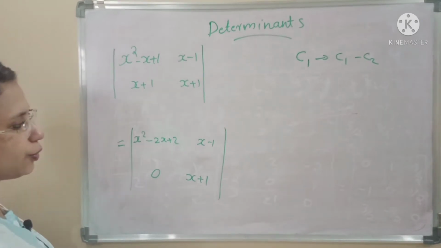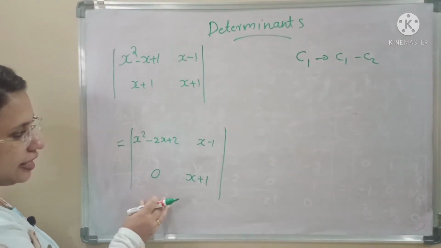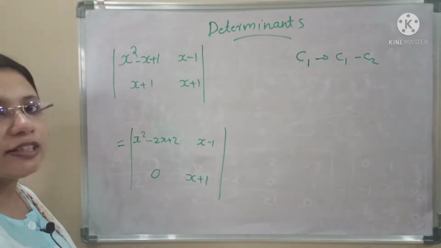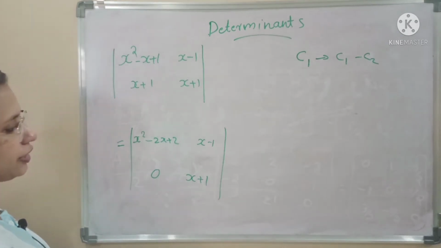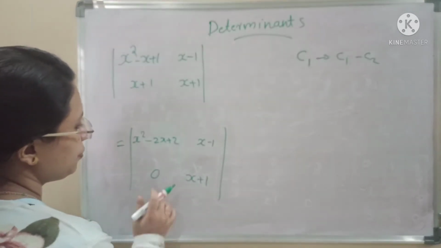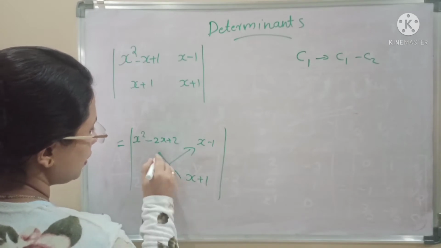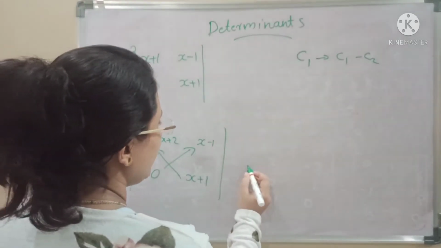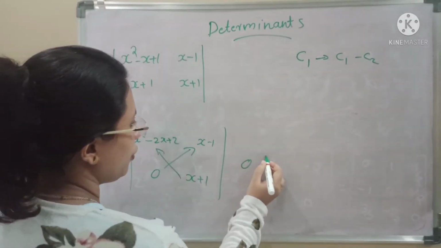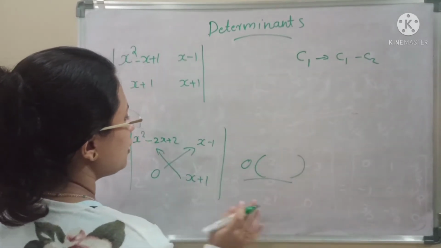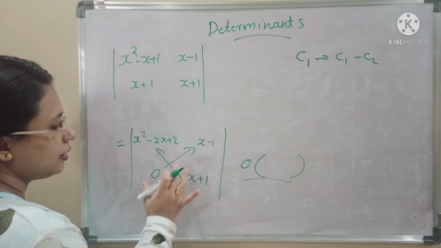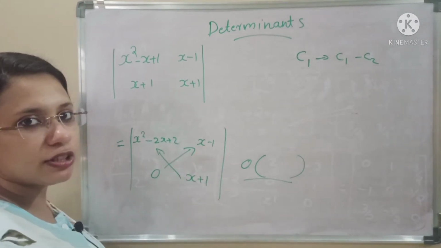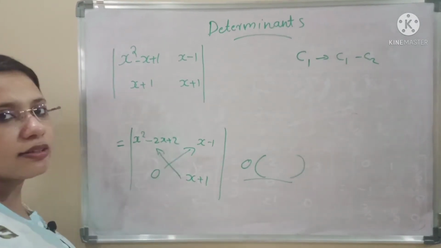Now you can see what is the next step of operation in a determinant. We will just cross multiply, right? If we multiply any element with 0, what will happen? The term which is multiplied with 0 will be 0.